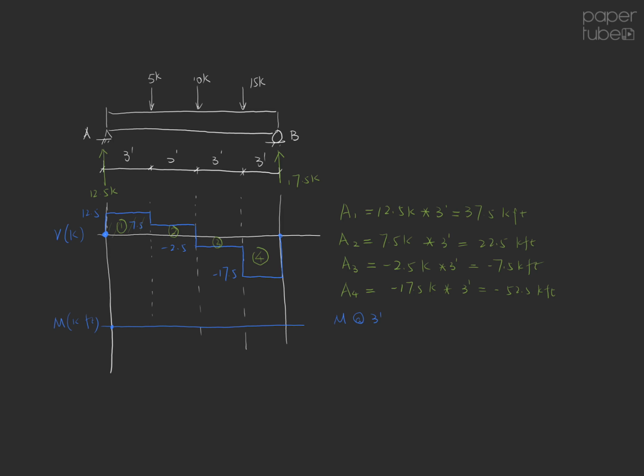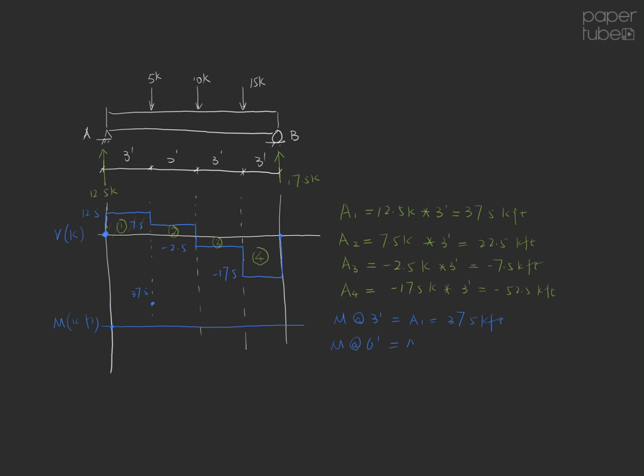Let's put that in. That is equal to A1, 37.5 kip-feet. The moment at 6 feet, the moment at this point, is equal to the area of the shear diagram before that, meaning your area A1 plus the area A2.